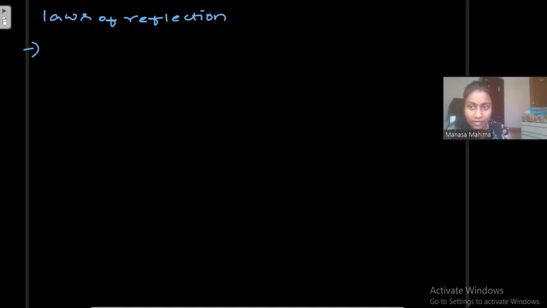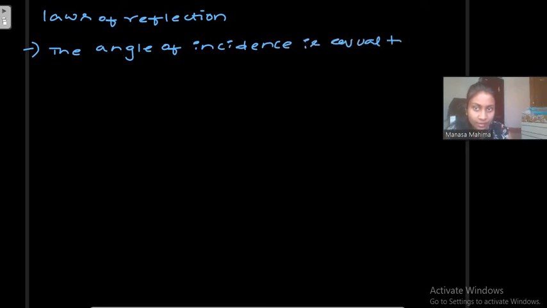What is that? The angle of incidence is equal to the angle of reflection. Correct? So that is i is equal to r.